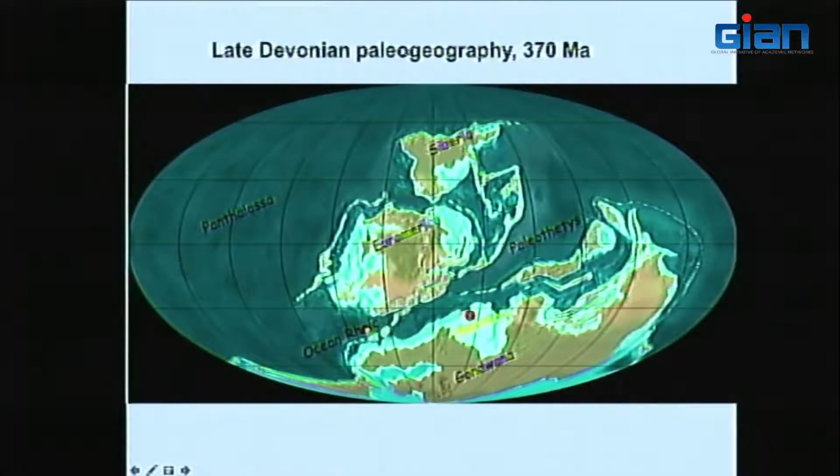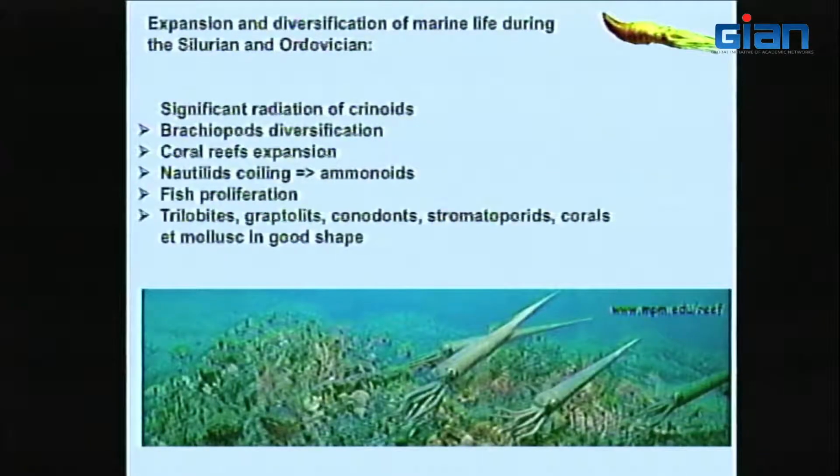And you have two oceanic domains, the Paleotethys and the Rheic Ocean, which will be closed quite soon, as you will see. Okay, so now, just a view of what the Devonian was in terms of marine life.